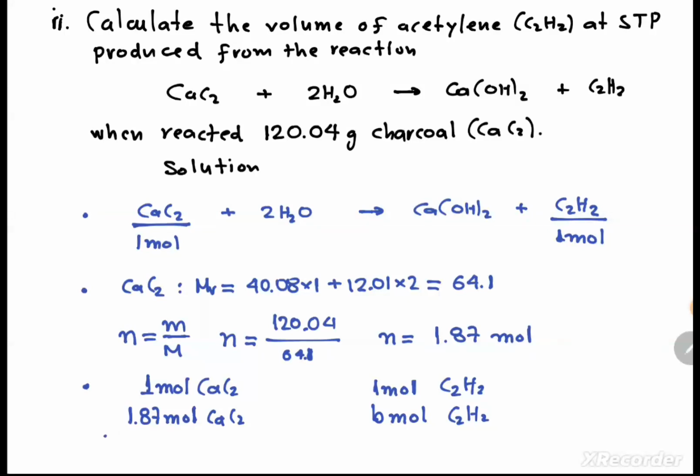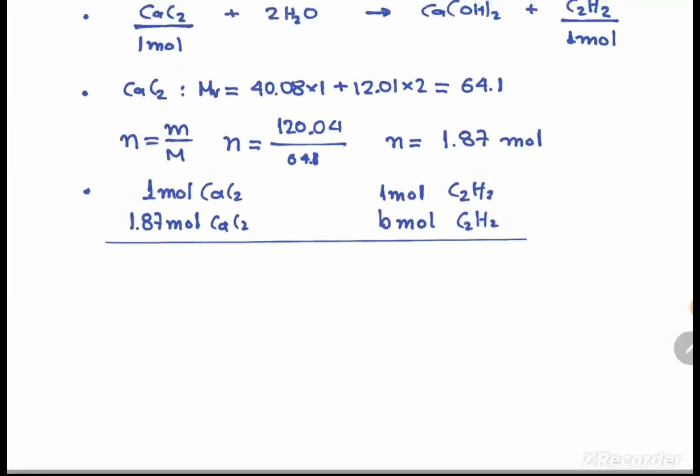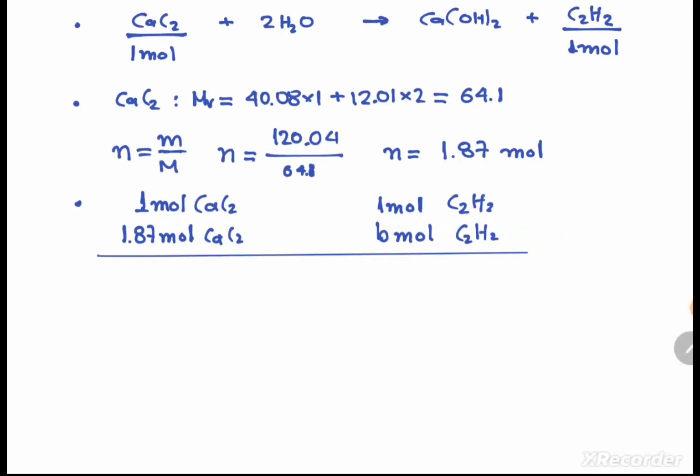So we have to solve the ratio and to find the x mole. And the result is 1.87 mole of acetylene.